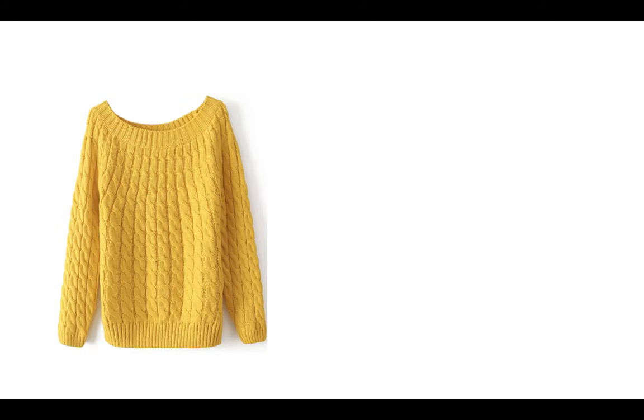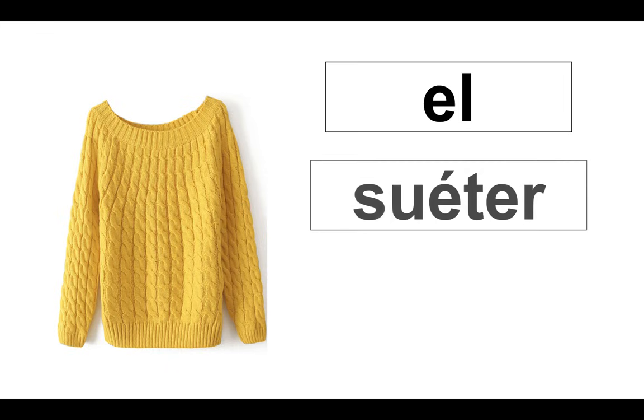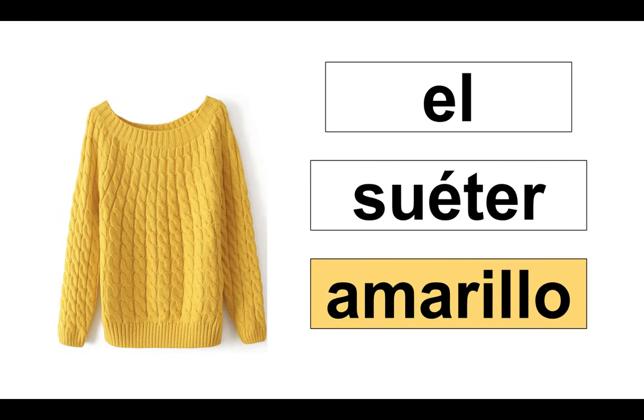If you are correct, you described the yellow sweater as "el suéter amarillo." We chose "amarillo" because "suéter" is a masculine singular noun, so we use the masculine singular form of the word yellow. "El suéter amarillo."